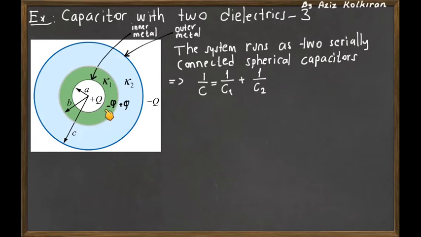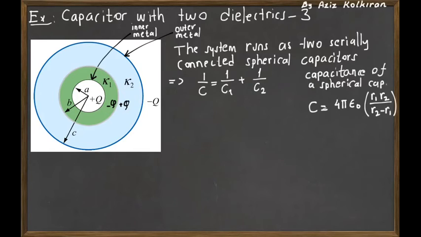We already know the expression for a spherical capacitor with plus charge Q and minus charge Q on the metal shells: 4 pi epsilon 0, times the radius of the inner shell and the radius of the outer shell, multiplied and divided by the difference between these radii.